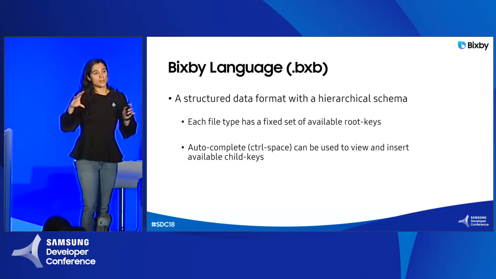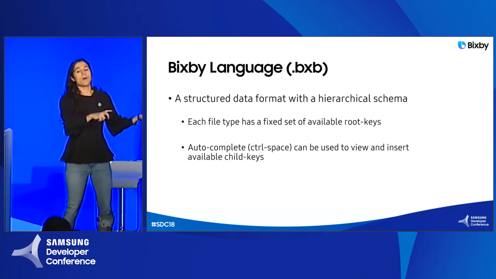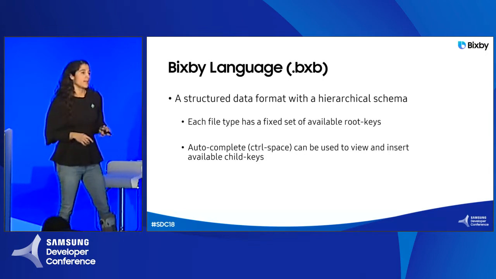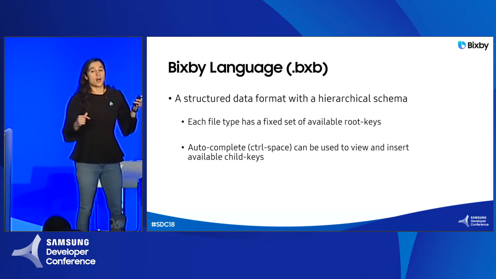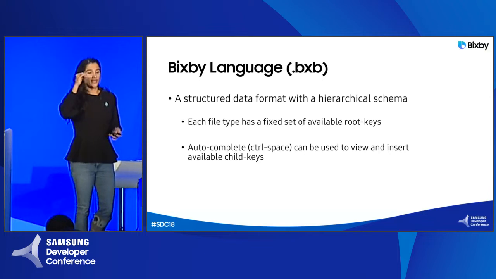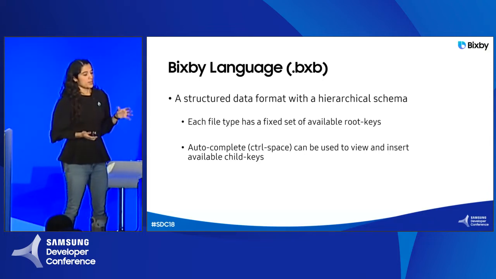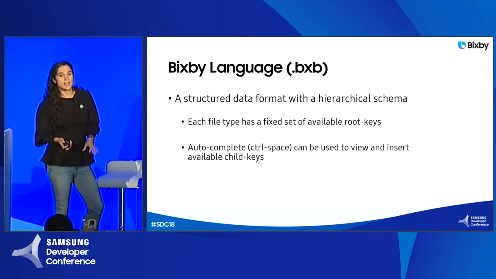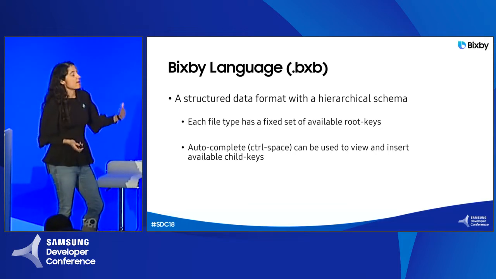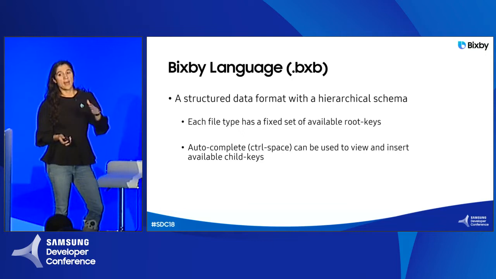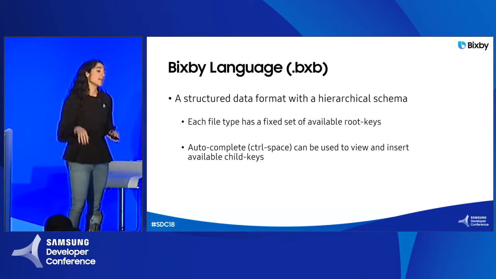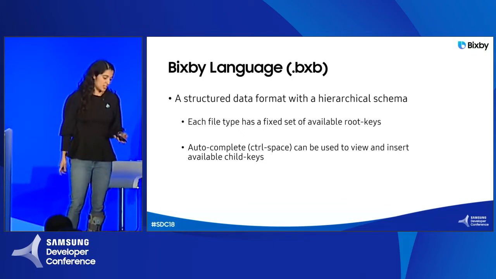And once you've picked which one you're interested in, for example, a model or a layout or a dialog, there's only really a handful of top-level keys to choose from, so root keys. And once you've picked one, you can easily use this autocomplete feature, control space, to see all the available keys at every level, view them, and insert them. So you'll see that files end up building themselves quite naturally.